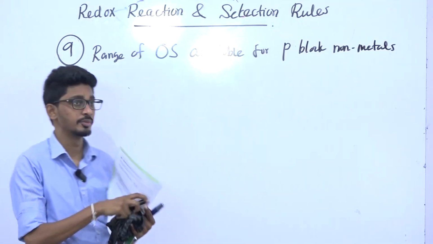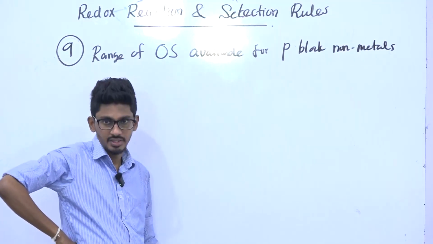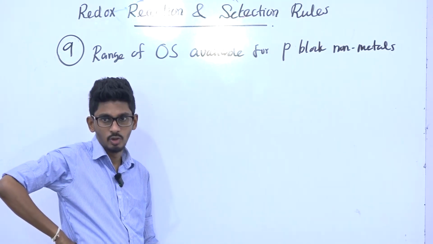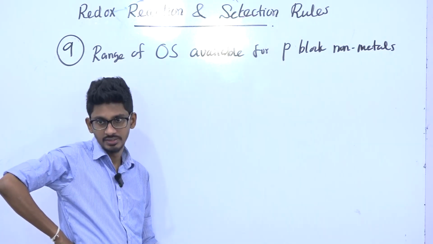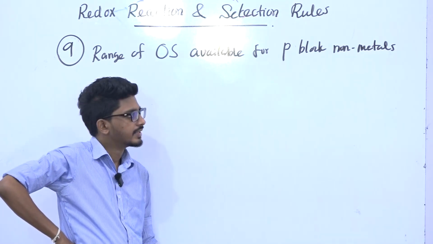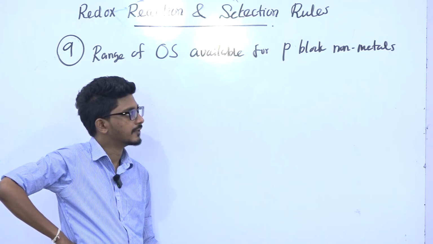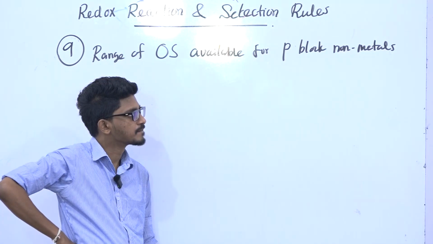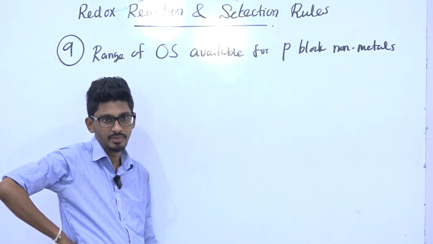When it comes to p block non-metals, commonly used ones are nitrogen, phosphorus, sulfur, chlorine, bromine and iodine. The iodine, bromine, chlorine group, then nitrogen, then the sulfur group and the phosphorus group. Those are the p block non-metals we use.